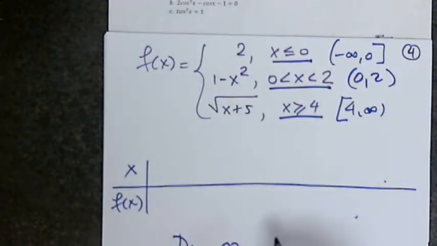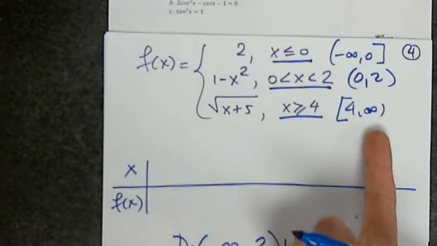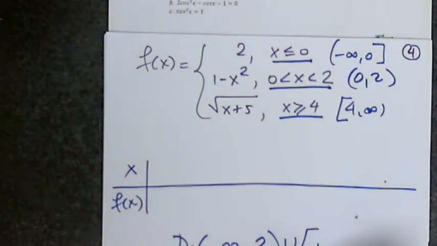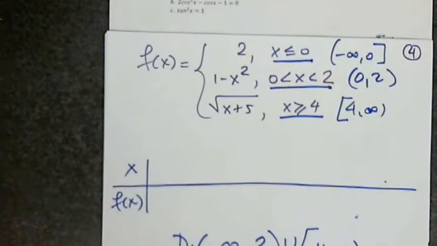Exactly. -infinity to 2, indeed. Union. It's right here. 4 to infinity. Very good. That's what I have to present in the chart.